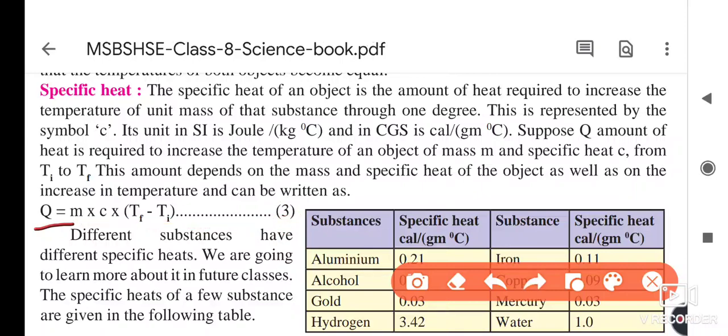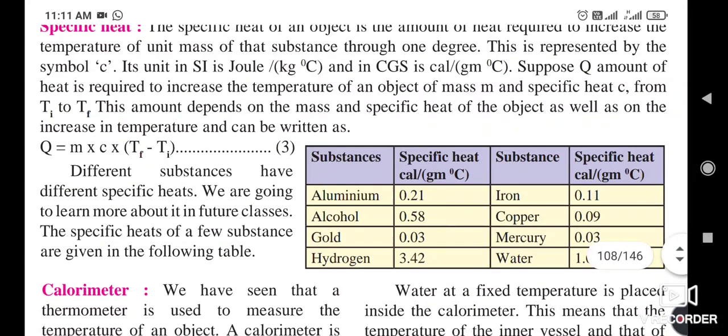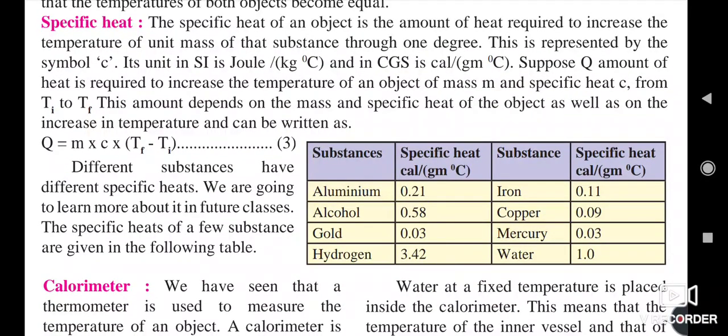Here we have some substances with their specific heat in calorie per gram per degree Celsius.